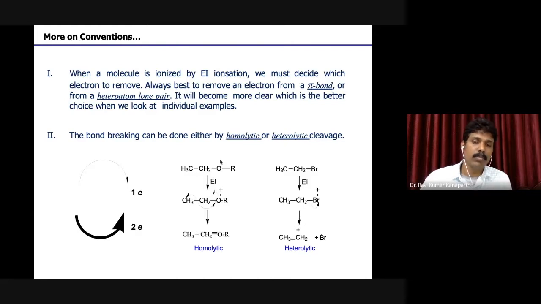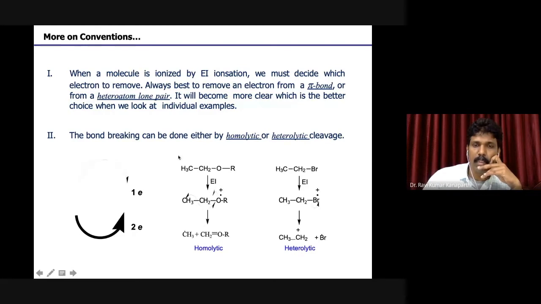So you can follow one notation or the other based on your situation. If you use the half-hook notation, only one electron is moved; if you use a full hook, two electrons are moving.